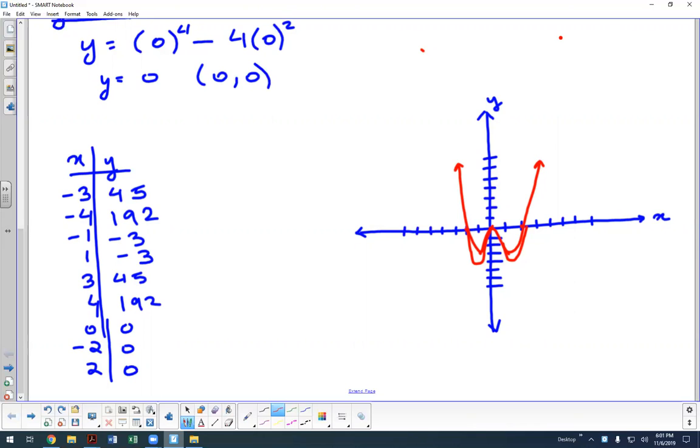So the domain and range for this function. What can we say about the domain? Yeah, it's going to be all real numbers, -∞ to +∞. Very good.